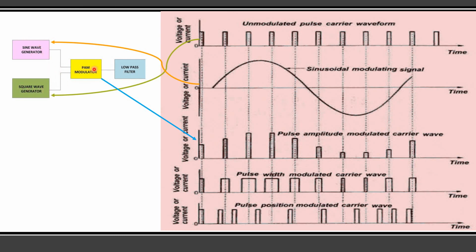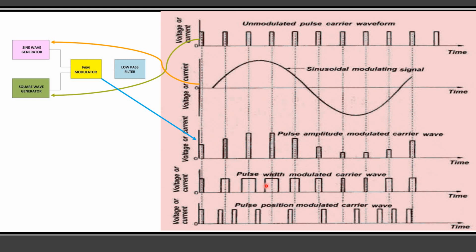The other is a square wave. Both signals are applied to the pulse amplitude modulator, and the resultant output is pulse amplitude modulation. Based on the amplitude of the carrier signal, this represents the positive cycle, followed by the negative cycles. The amplitude of the pulse is varied based on the amplitude of the message signal.